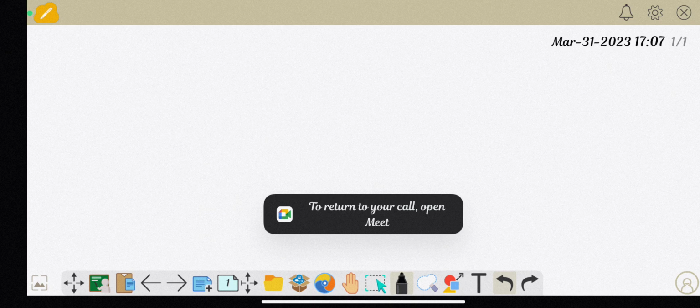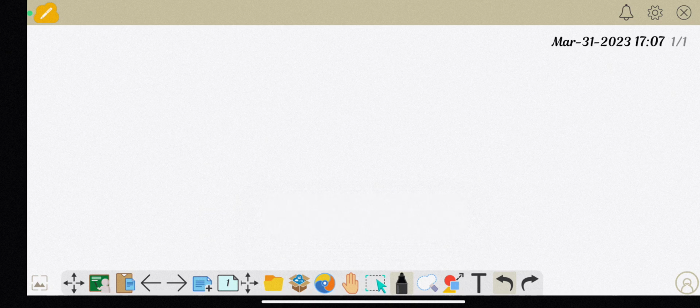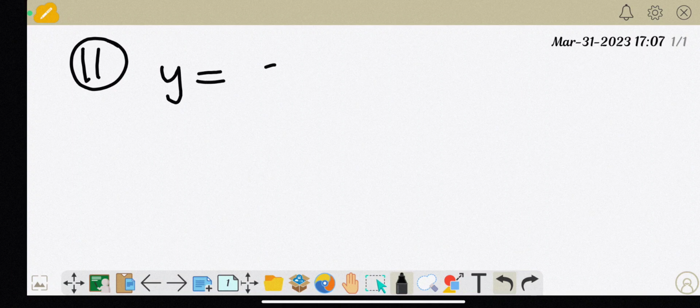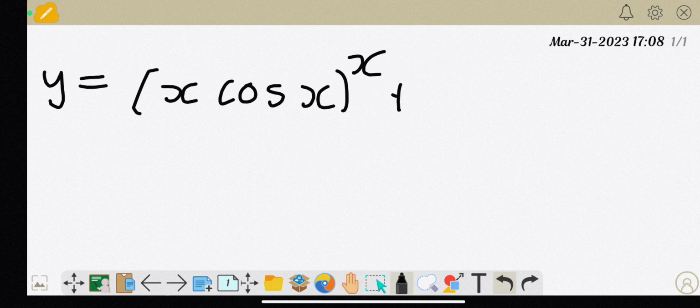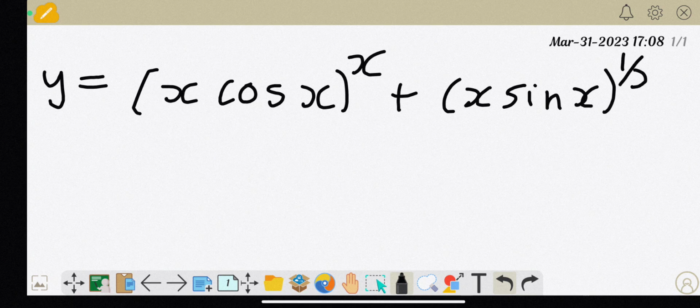Yeah. So next, let's move to question number 11. So I'll do question number 11 now. So question number 11 is y is equal to x cos x to the power x plus x sin x to the power 1 by x.